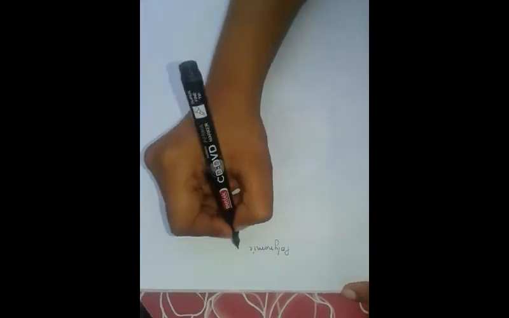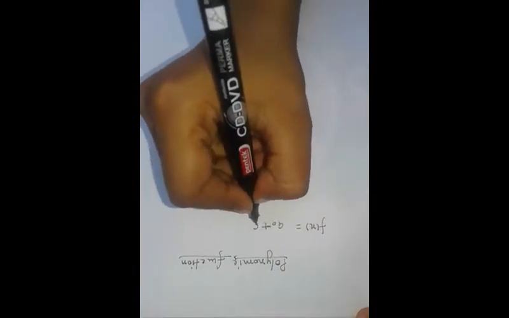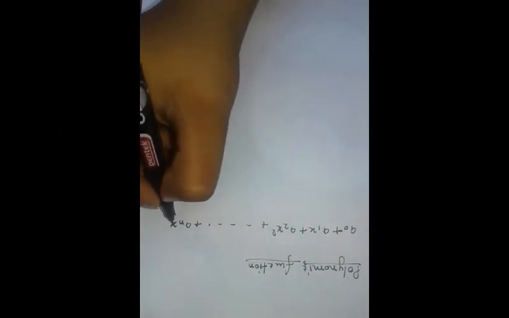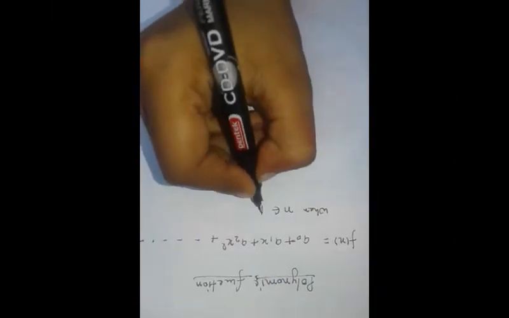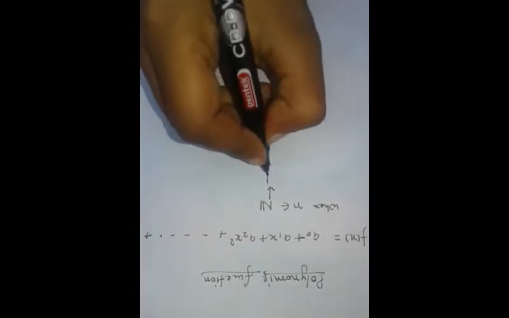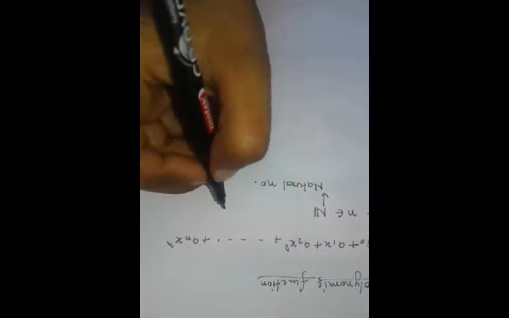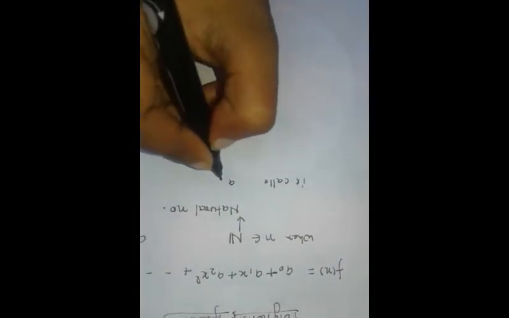We see f(x) = a0 + a1x + a2x² + ... + anxⁿ, where n belongs to N, the natural numbers, and a0, a1, a2, ..., an all belong to R, real numbers. This is called a polynomial function.